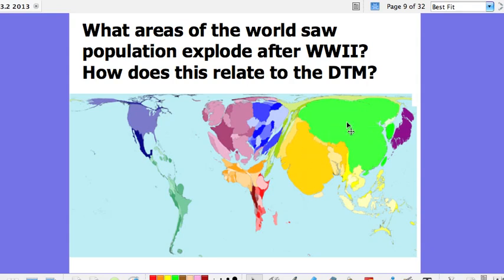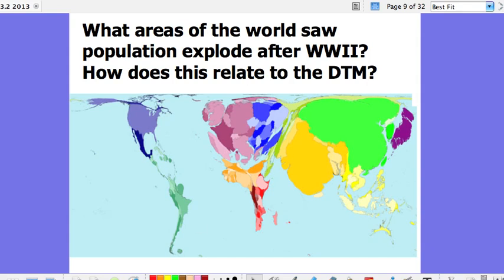This green country here is China. And then you see this country here, Japan. And so you've got this population explosion after World War II because of the medical revolution. And this overcrowdedness in the country is going to result in migration away from these areas.